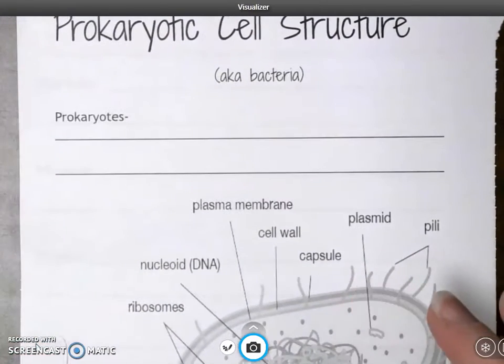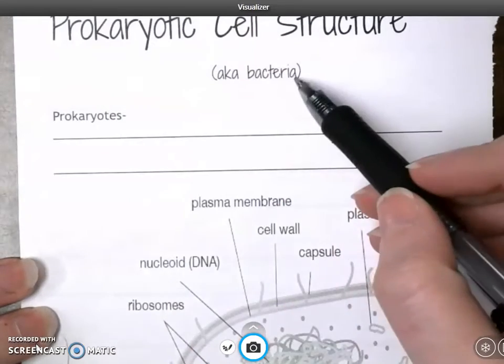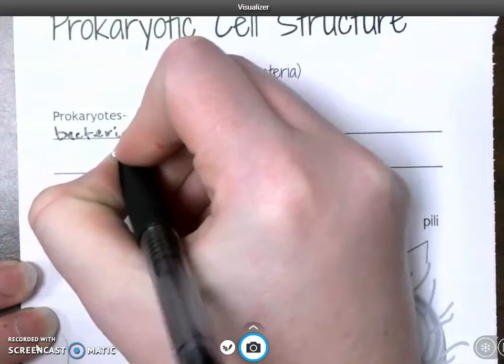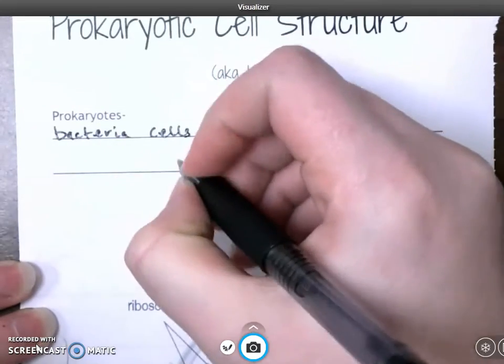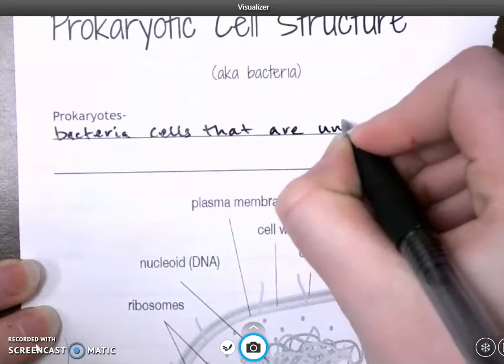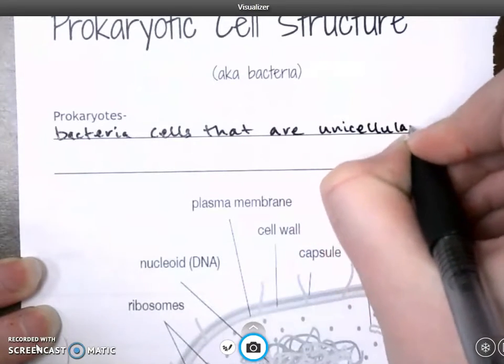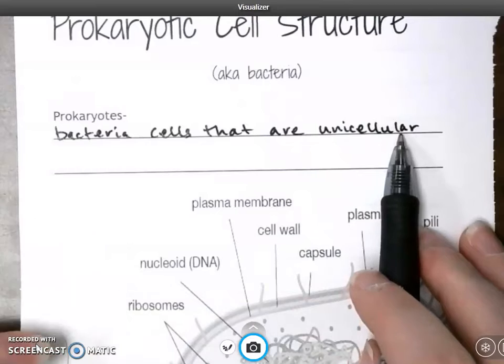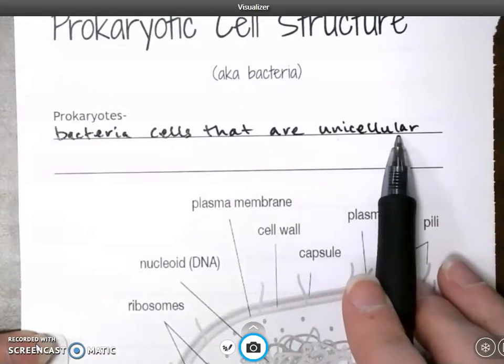Prokaryotes or prokaryotic cells are generally bacteria cells. Alright, they are bacteria cells that are unicellular. Uni means one, cellular, obviously cell, so they're made up of one cell.